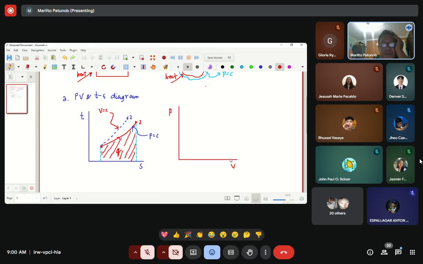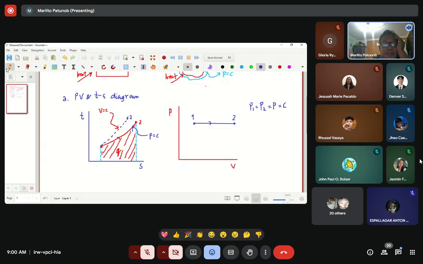okay, so since the process is a constant pressure process, obviously you will see this process, no? It is a horizontal line since it is constant pressure. So this is point 1 and this is point 2. Okay? Wherein P1 is equal to P2 is just equal to P. Okay? And it is equal to a certain constant.